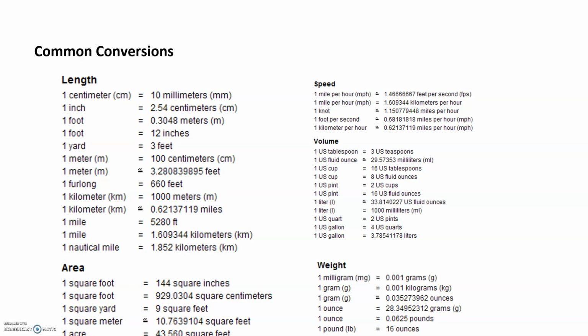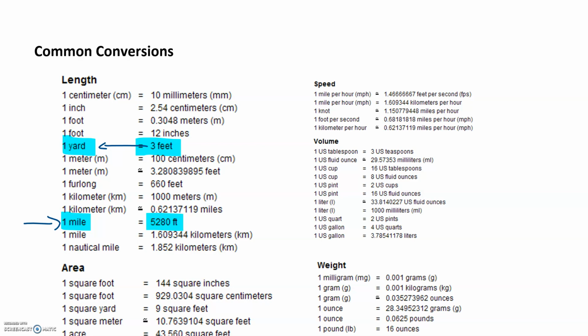But we do know that 1 yard is 3 feet, and we sure know how many feet are in a mile. So we could change our miles down to feet first, and then go from feet to yards. Okay, so we know we're going to need that 5,280 feet in 1 mile, and we are going to need to know that 3 feet is 1 yard.